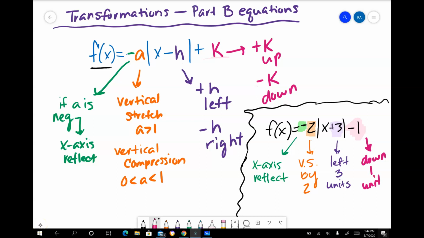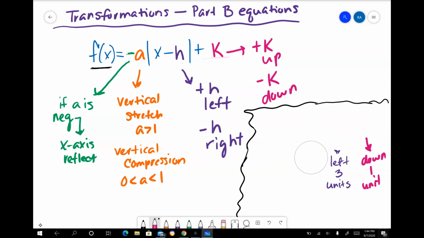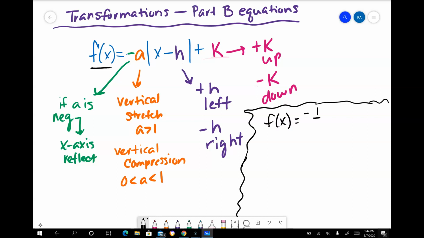All right, example 4. Let's erase this. All right, so example 4 is going to be f of x is equal to -1/3 absolute value of x plus 1.